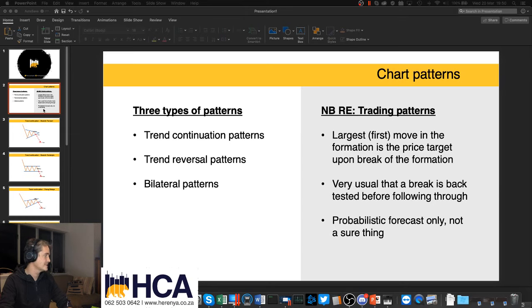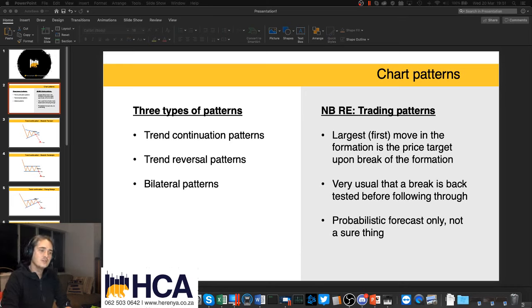All right, great stuff. Also, a couple of things that I'm going to point out a few times throughout the course of this, but I want to get out of the way now: the largest move within the formation, which is usually the first move in the formation, is the move that you use to measure your price target coming out the other side of the formation.